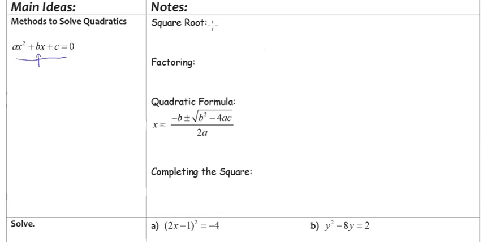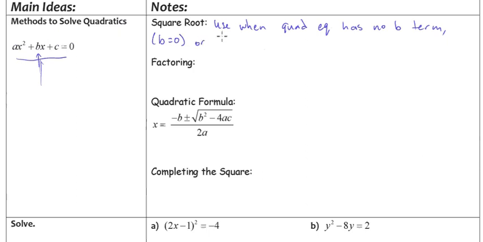So you can use it when the quadratic equation, not the quadratic formula, but the quadratic equation over here, has no b term, or specifically has 0 as the b term.